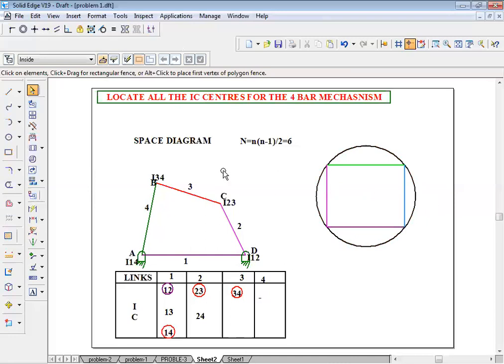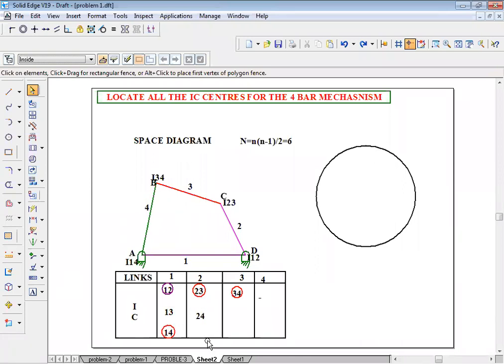Okay. Now these corners I can call as one. So here you can see now. Here, the remaining I13 and I24 we don't know.